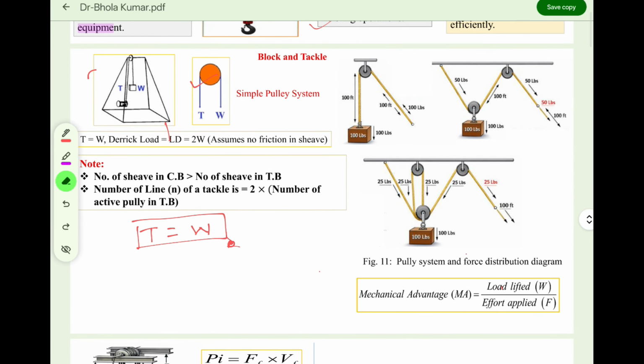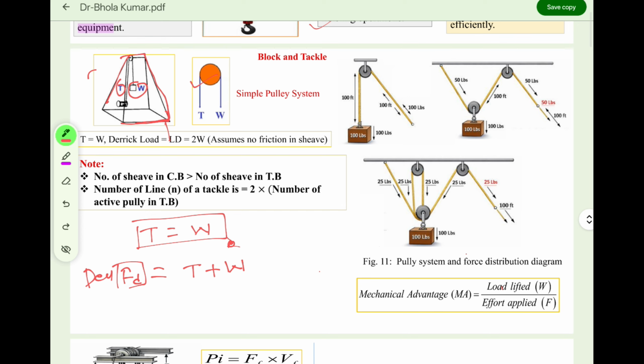We want to calculate the derrick load. अगर कितना लोड एक्ट हो रहा होगा डेरिक पे, तो ये W भी तो डेरिक पे ही लग रहा होगा, और ये T भी इसी डेरिक पे लग रहा होगा, है ना? तो टोटल लोड एक्टिंग ऑन द डेरिक, the total load acting on the derrick, is nothing but T plus W. Am I right? T plus W. This is the derrick load, FD.